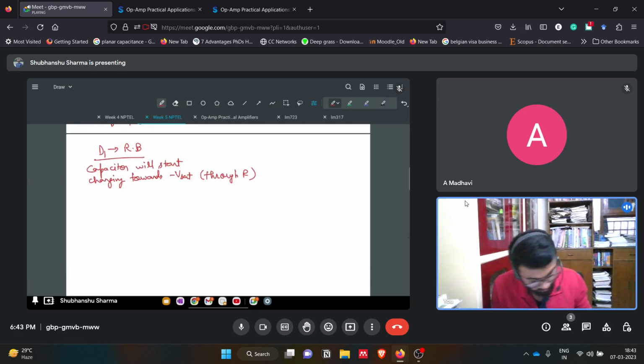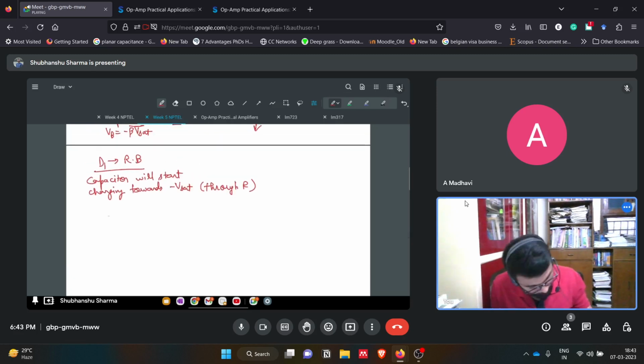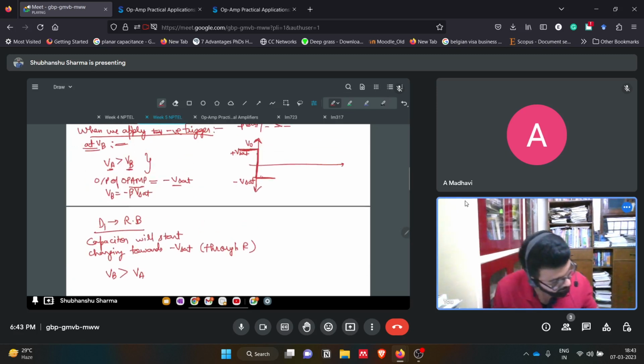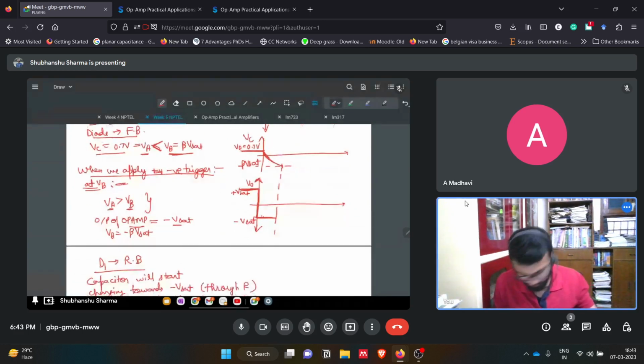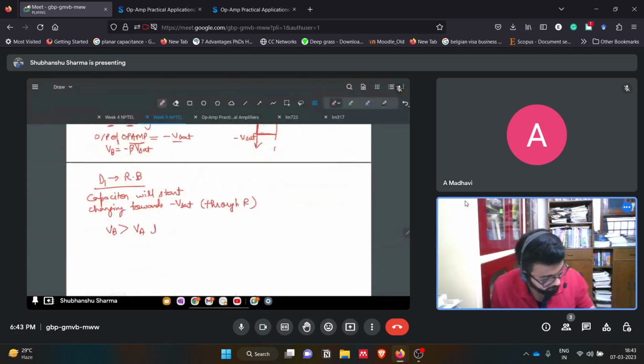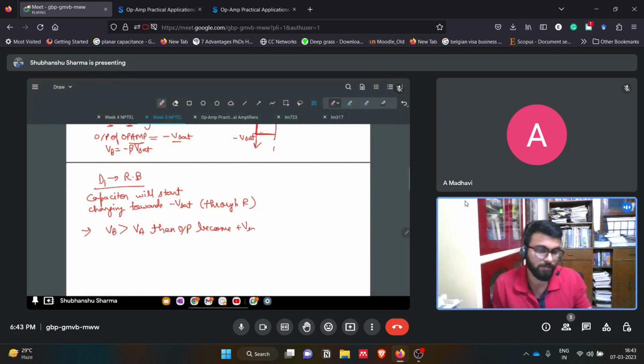So then what will happen? When VB is more than VA at this point, the output becomes plus V saturation, and again the diode will become forward biased.